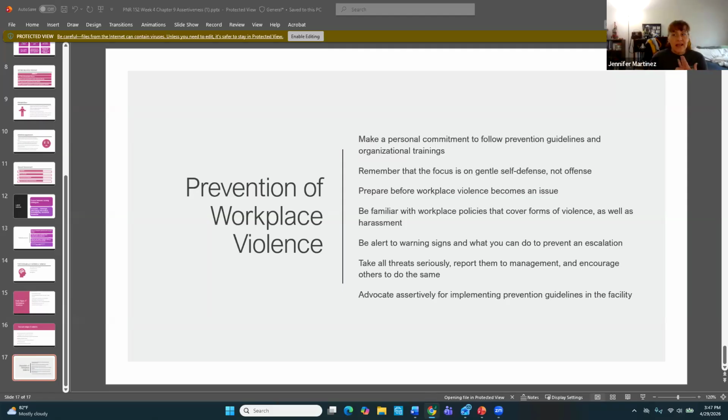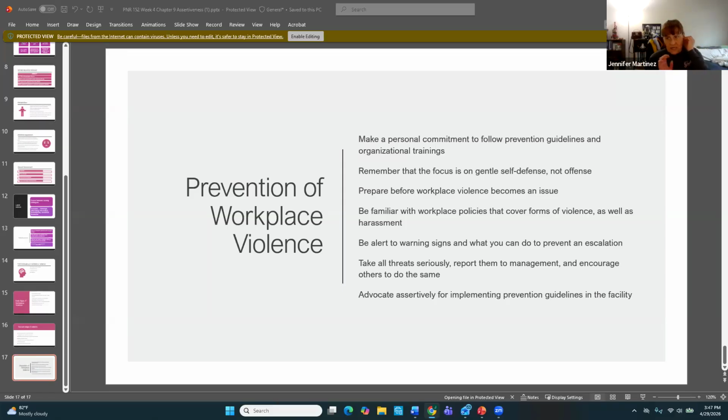Remember, the focus is on gentle self-defense, not offense. We're not going to attack our patients, but we do want to be aware. You always want to be prepared before workplace violence becomes an issue. You want to be as prepared as possible, get as much training as possible. You want to really pay attention to those warning signs, and what you can do to try to prevent an escalation.